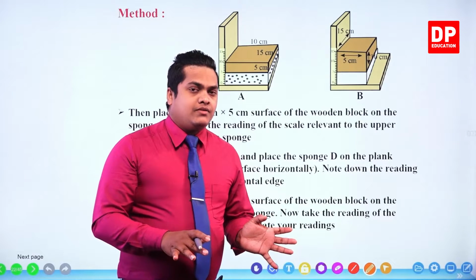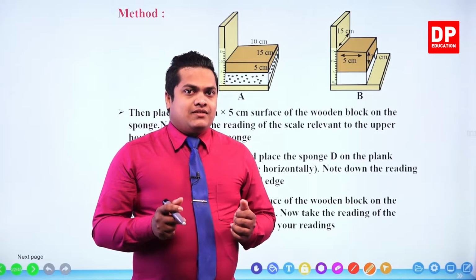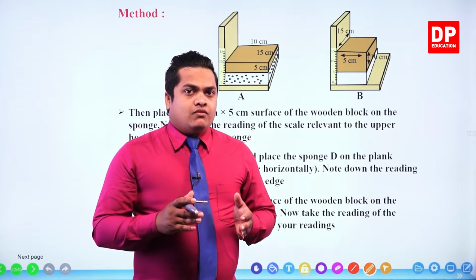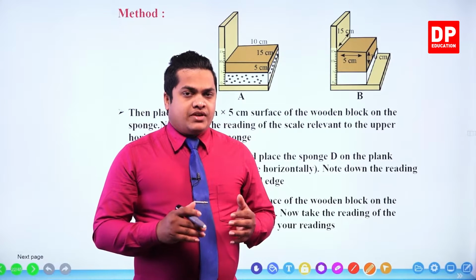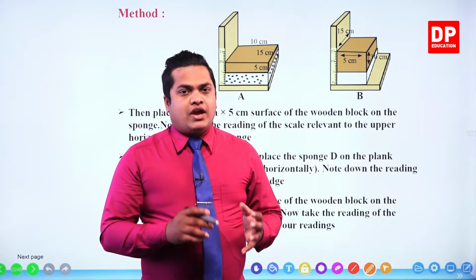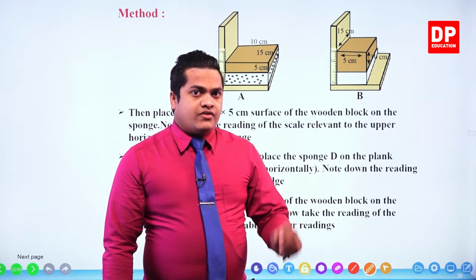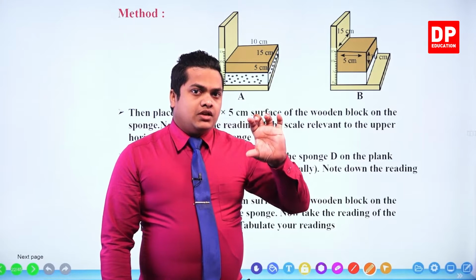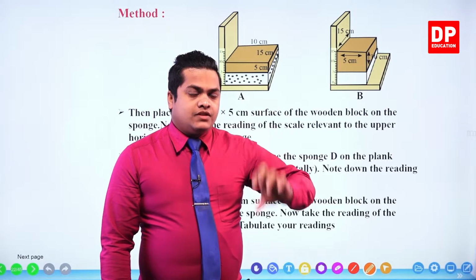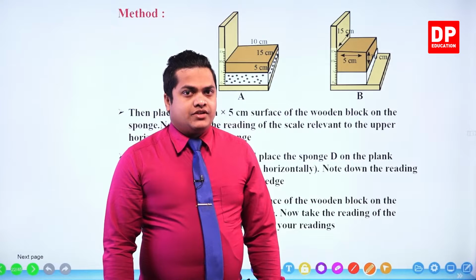It's quite simple, right? You have to change the surfaces one by one and keep the wooden block in contact with the particular surface of the sponge. Then you have to measure the vertical level, the thickness level of the sponge layer. So this is how to conduct our activity, my dear children.